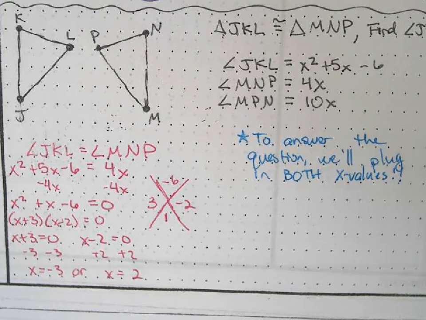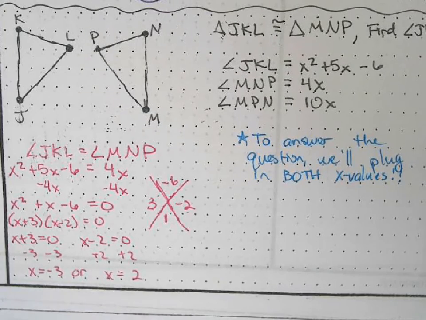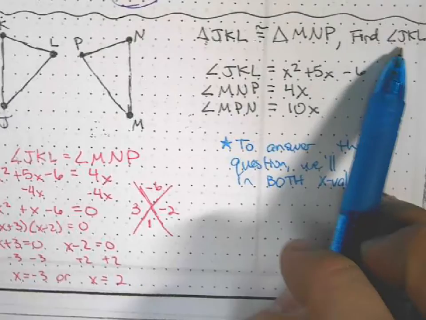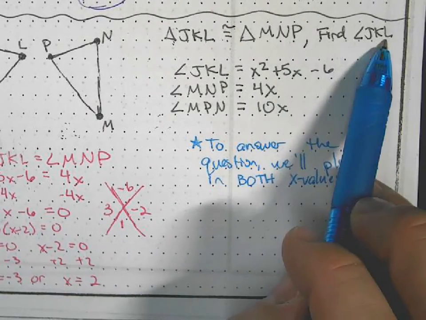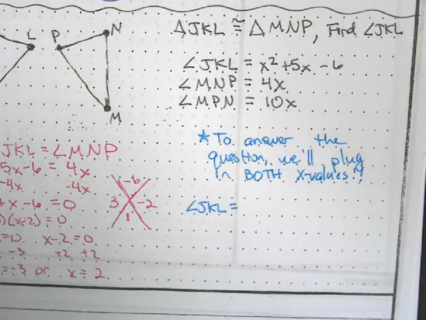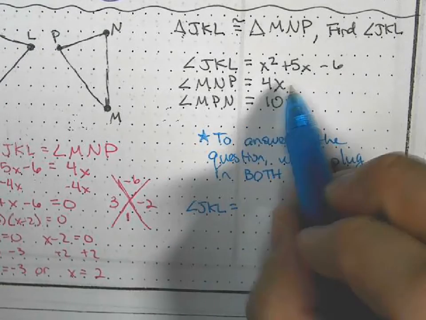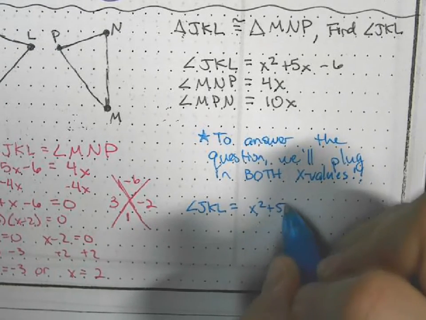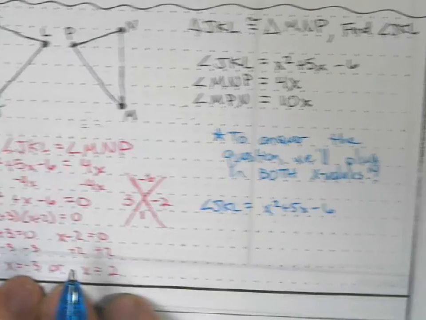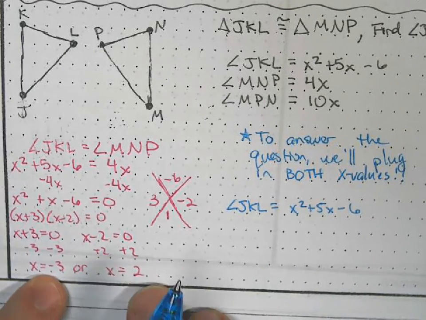And what's typically going to happen is we'll get a positive number for one x value and we'll get a negative for the other. So when we plug it in, we want to make sure we keep that positive because we're measuring. So this needs to be a positive distance. So I'm looking for angle JKL. Find angle JKL. So let's go angle JKL equals x squared plus 5x minus 6. So I'm going to have to do it two different times. Once where I plug in negative 3 and once when I plug in 2.